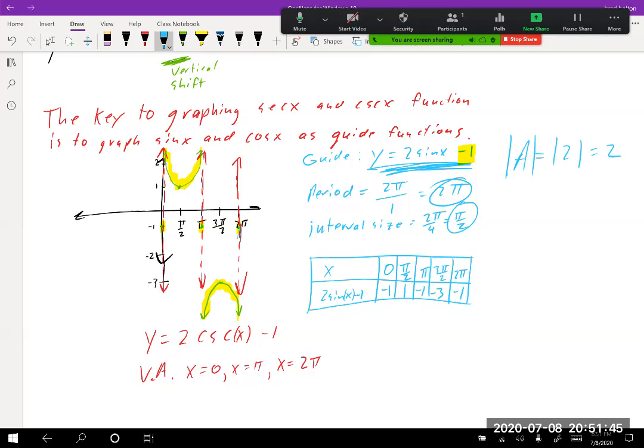So that means from the middle line, the median line, we had to go up 2 and down 2, which is what we did. That's why when the median line got shifted to -1, if you go down 2 from -1, you get to -3. And if you go up 2 from -1, you get to +1. And that's why you see that's where the graph starts at -3 and 1 with our little fake parabolas, okay?